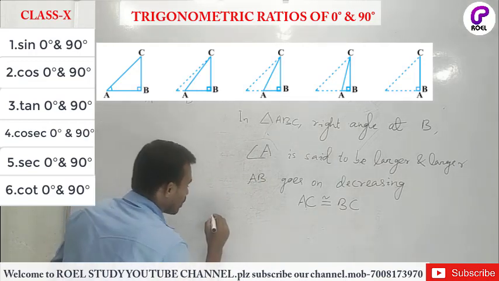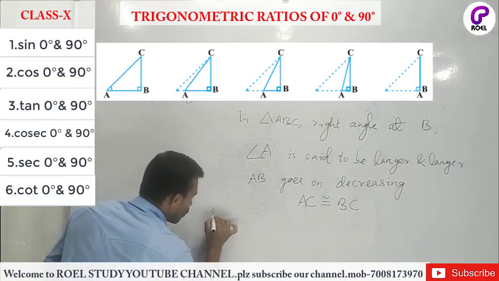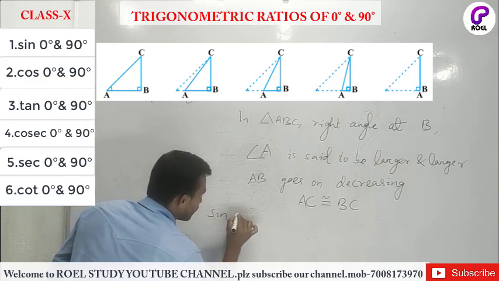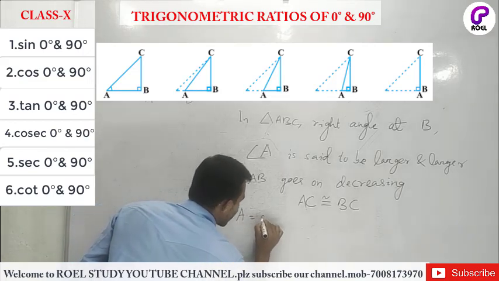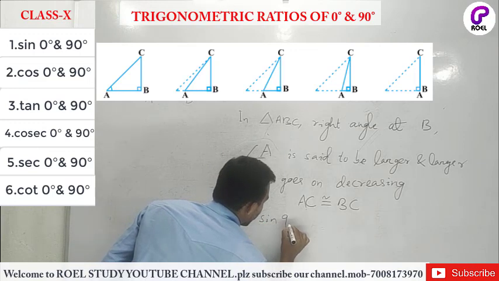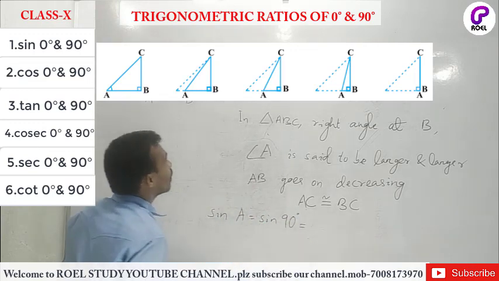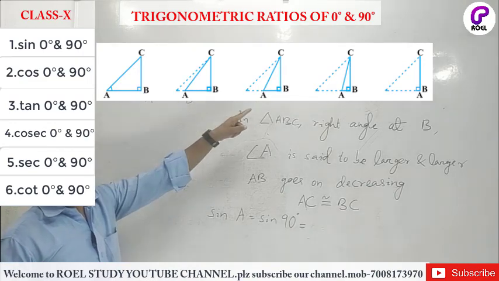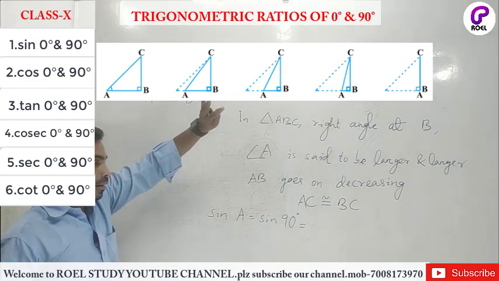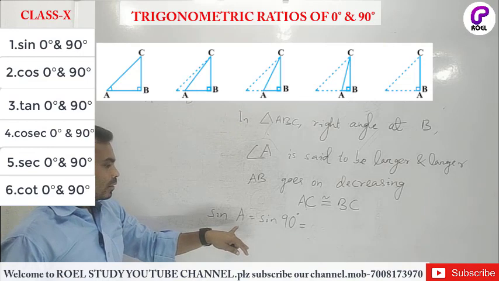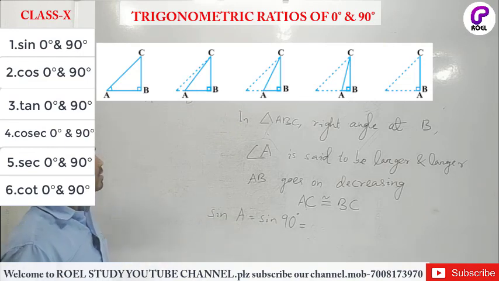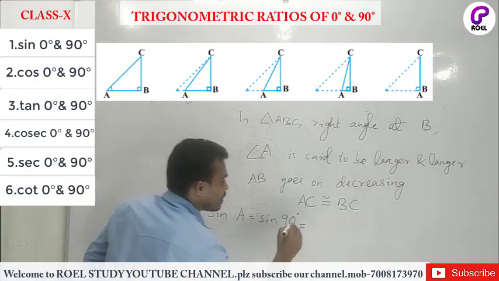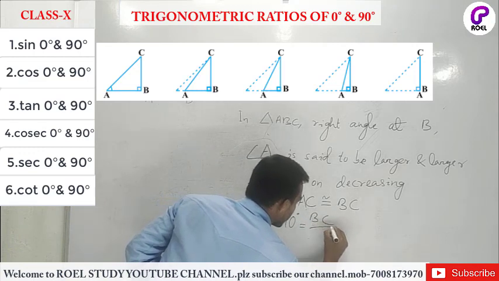Now we will take sin A, you can say sin 90. Look at the series of figures there, right? So sin A, that is sin 90 degree, is BC by AC.